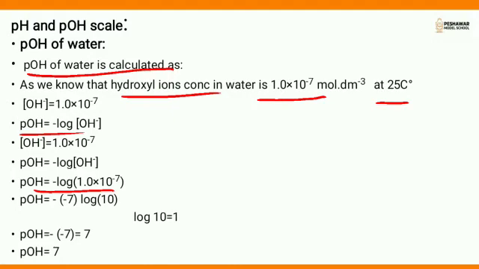If you take the log of this, you will get minus (0 - 7 log 10). Log 10 is equal to 1, so minus times minus gives plus. So the pOH of water is equal to 7.